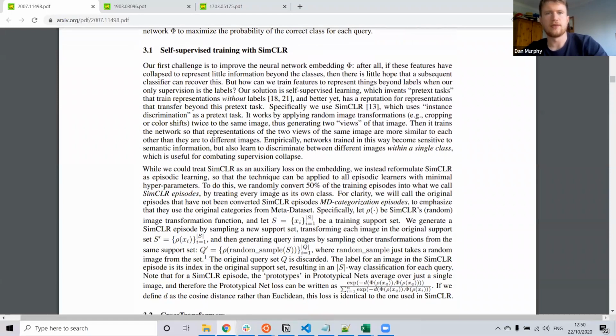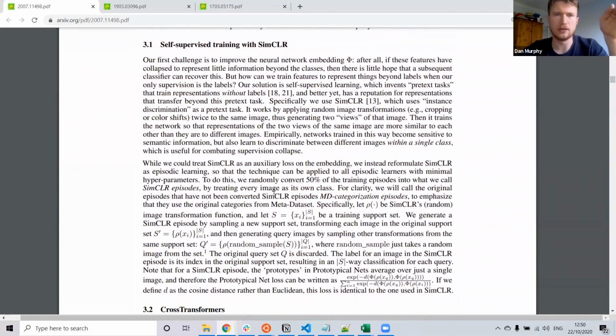But yeah, the thrust of self-supervised training with SimCLR is to do away with some of the episodes that come with the metadata set itself and basically add some new labels and some new data.